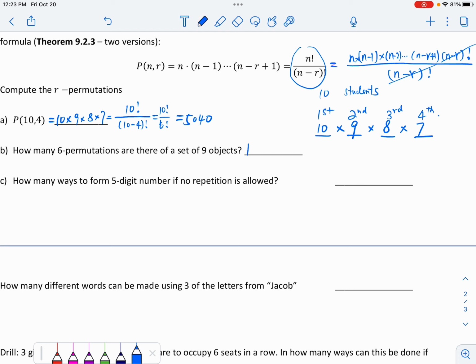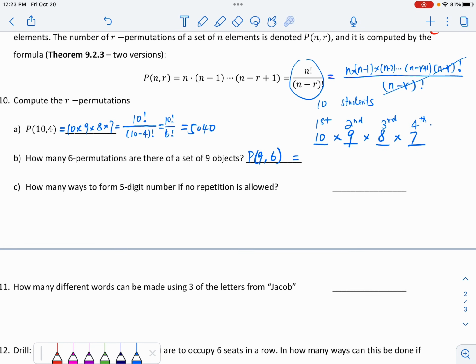So this is P(9, 6). This is another trick. Look back at P(10, 4): R is 4. You start with 10, and there should be 4 numbers to multiply. So 10, down 1, and down 1, just multiply 4 numbers.